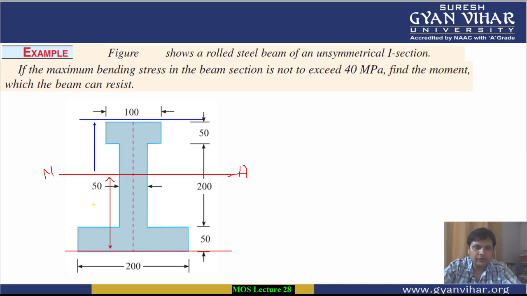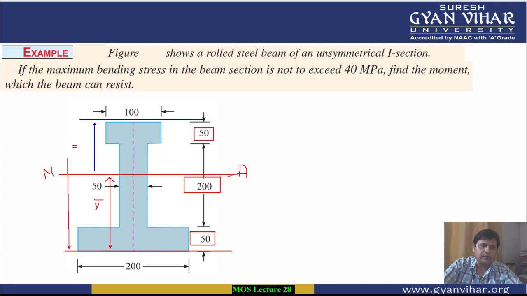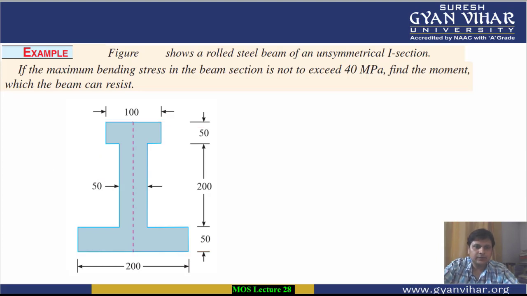The whole length from bottom to top will be 50 plus 200 plus 50, which gives you the value 300. So the total length from bottom to top is 300, minus this Y bar will give you the value of this particular length.